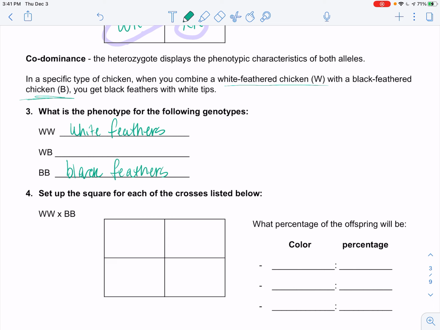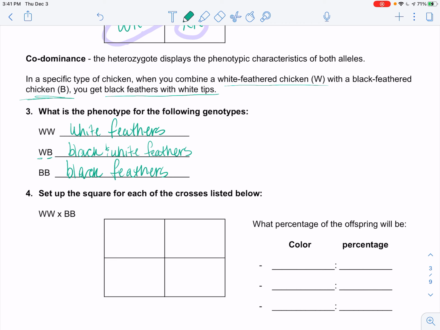Okay, and then if we've got one W and one B, then we've got the black feathers with the white tips. So we're going to put black and white feathers.